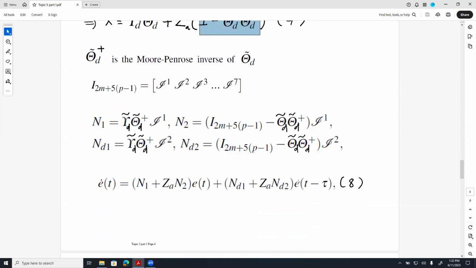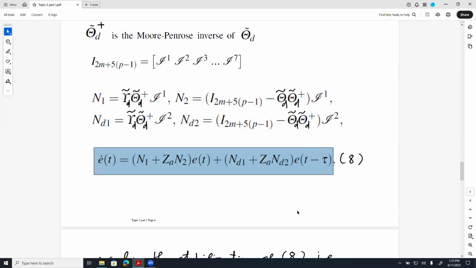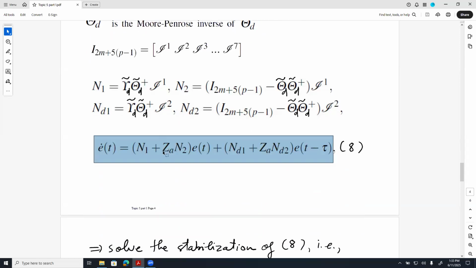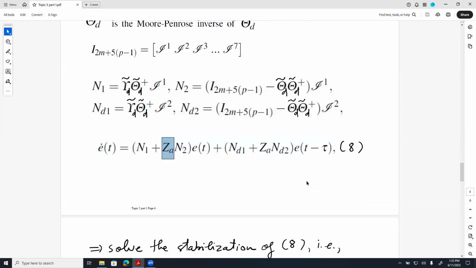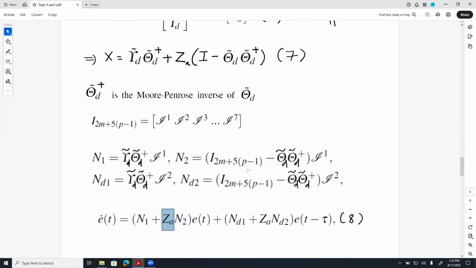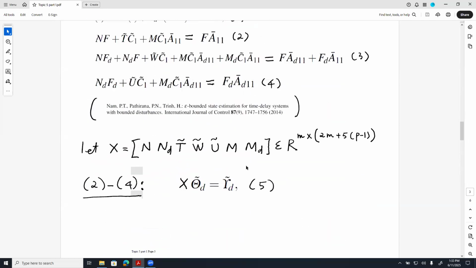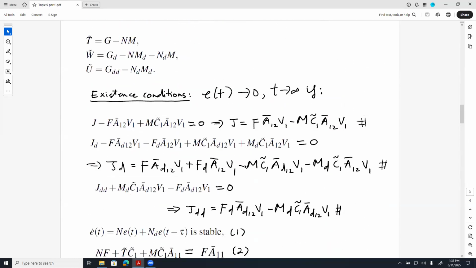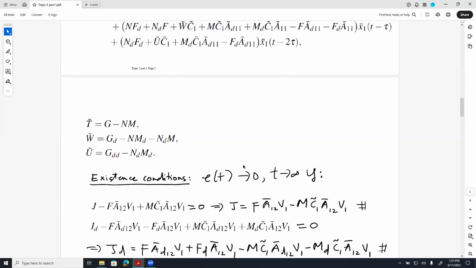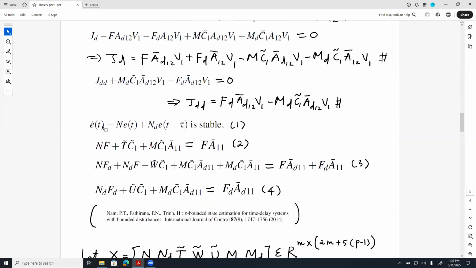So N2 is known, and similarly ND1 and ND2. When we look at this error dynamic equation, we can see that it is in terms of this free matrix here. And so the last hurdle we want to ensure is, when we design the observer and determine all the parameters, that this error dynamic equation is stable.